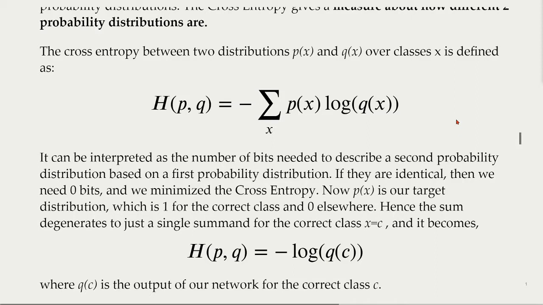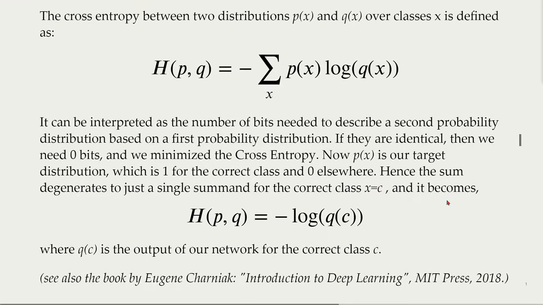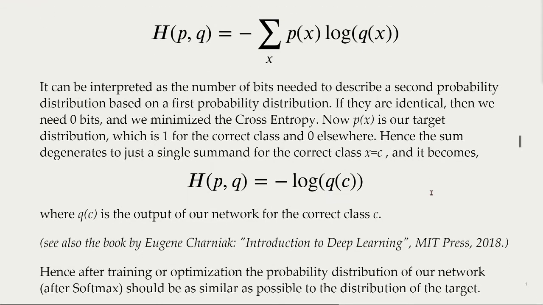Hence, the sum degenerates to just a single summand for the correct class x equals c, and it becomes minus log of the probability Q of c, where Q of c is the output of our network for the correct class c. And you can see more about this in the book Introduction to Deep Learning by Eugene Charniak from the MIT Press.